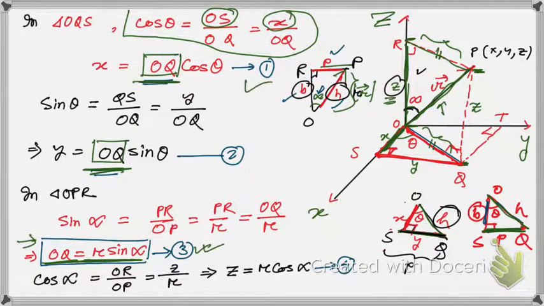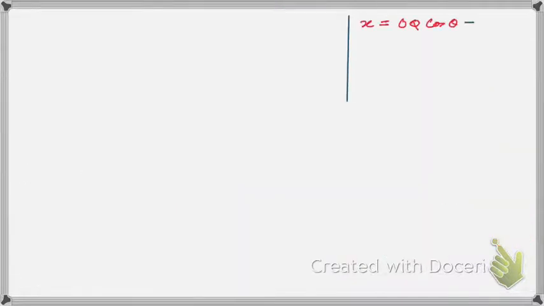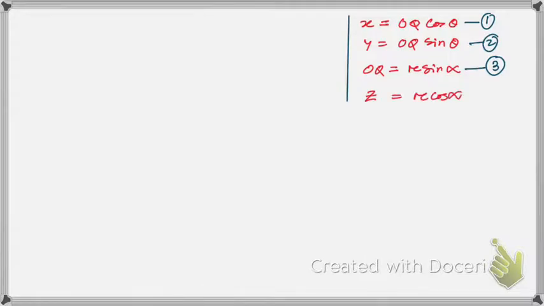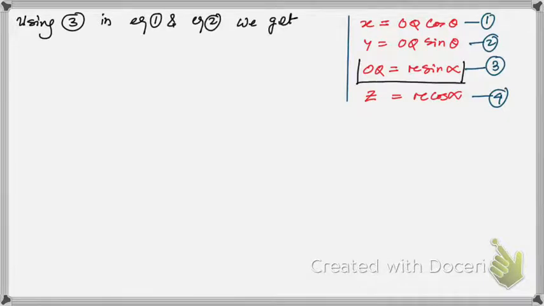So let me rewrite these 4 equations here again. These are the 4 equations we have obtained in the previous slide. If you want to note them, pause the video and note. So now let me use 3 in 1 and 2.